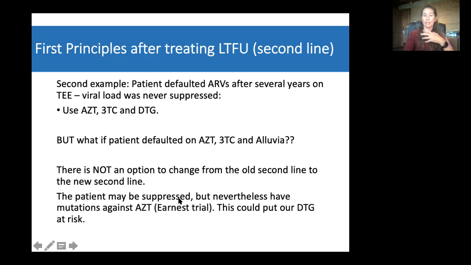Kaletra has that possibility, which comes out of the EARNEST trial. We don't know if dolutegravir can do the same just because we haven't tested it. So we don't want to risk putting the dolutegravir with the AZT if we're not sure the AZT is 100% functional. And therefore, there's no possibility to switch people on the old second line, even if they're virally suppressed, to the new second line. So just to be aware of that, that's different than our first line.